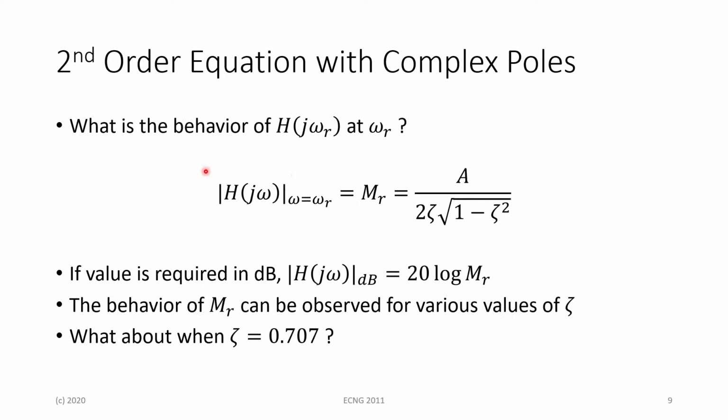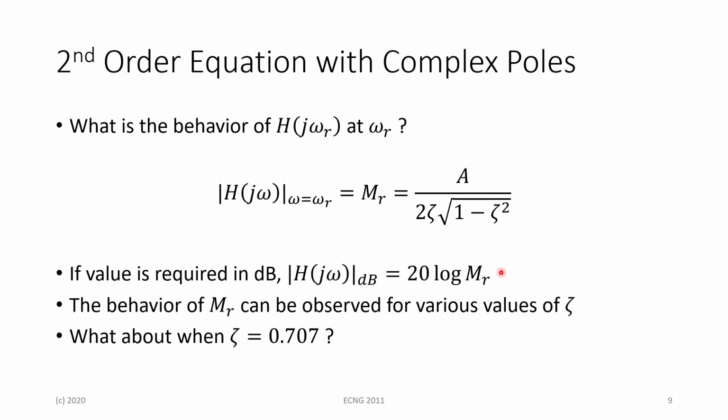When we apply this into the magnitude equation and say omega is equal to omega r, the maximum resonance, represented as M r, is given by the equation A divided by 2 zeta multiplied by the square root of 1 minus zeta squared. This gives us the indicator of the maximum decibel value at resonance for the entire graph.